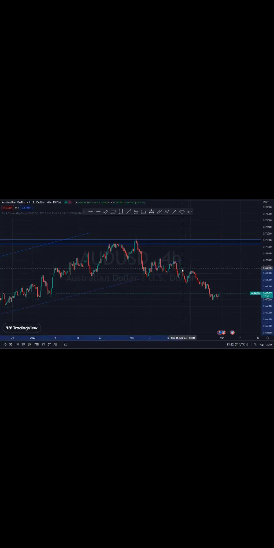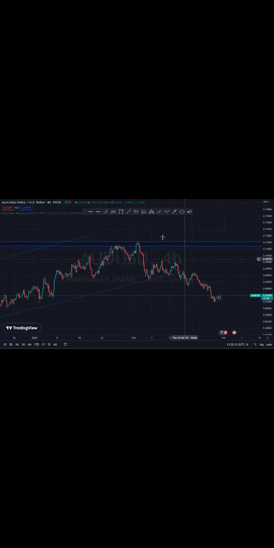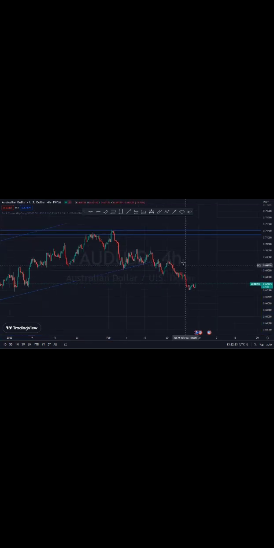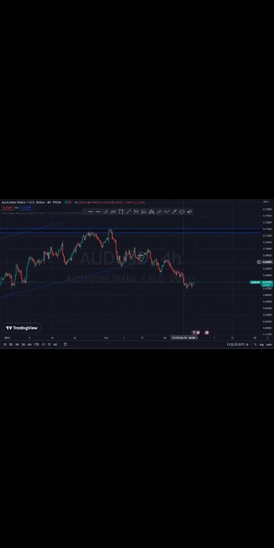Once you go down to the 4-hour, that's where you adjust your trend lines and your resistance if they need to be adjusted. On the 4-hour now, we can see we broke this trend line, indicating that we're moving to the downside now.